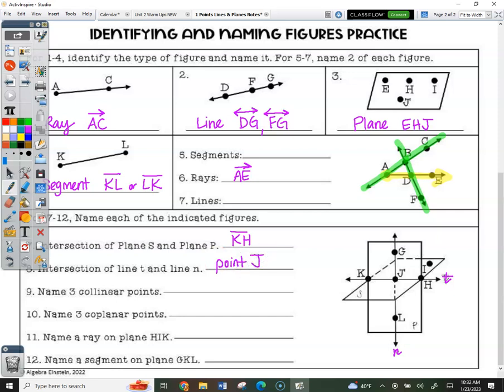Name 3 collinear points. There's a lot here. There's 2 choices. Collinear means they have to be on the same line. So you've got the points on line T, or you have the points on line N. Right? So you have KJH or you have G, J, and L. Coplanar points means they need to be on the same plane.